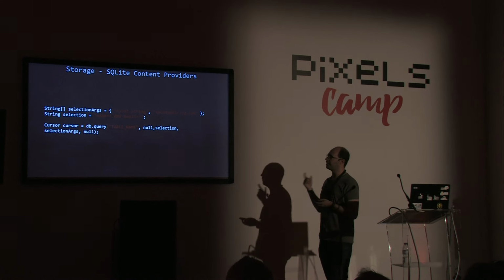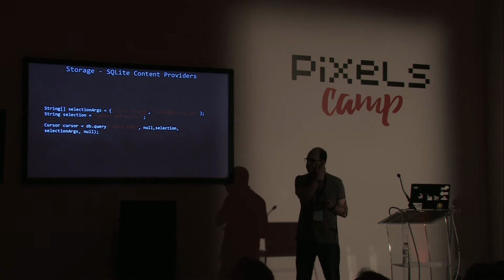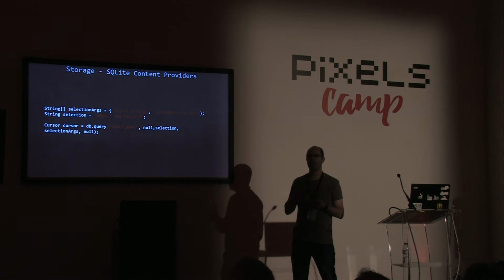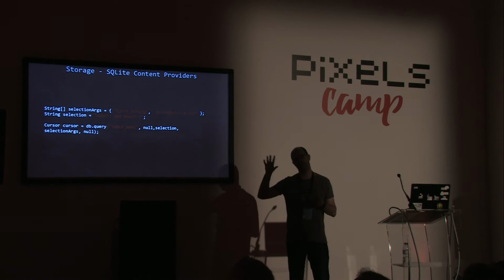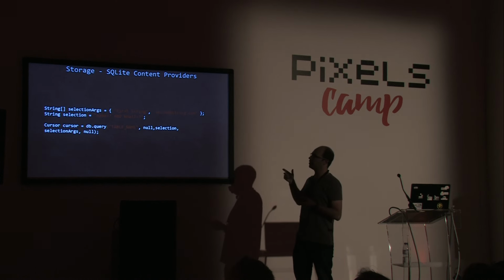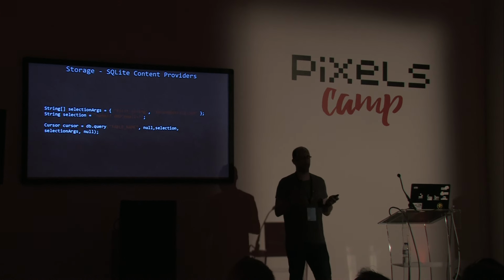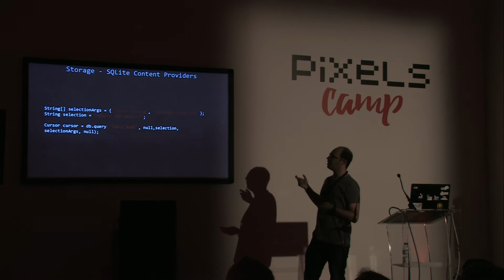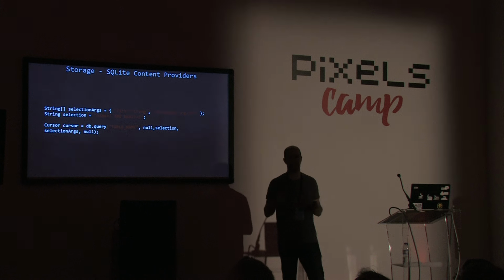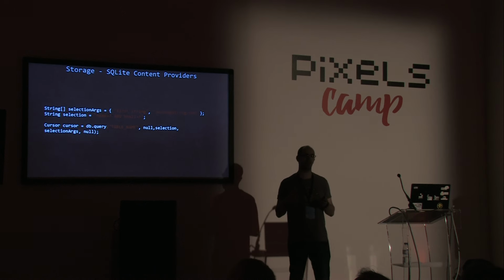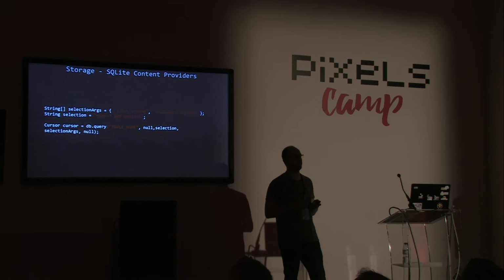Another interesting thing that can help you regarding SQLite injections, not particular for that case, but for cases where you receive input of the user that you somehow do not control, is that the selection arguments can allow you to do parameterized queries, so that you are not concatenating strings and creating SQLite injections.